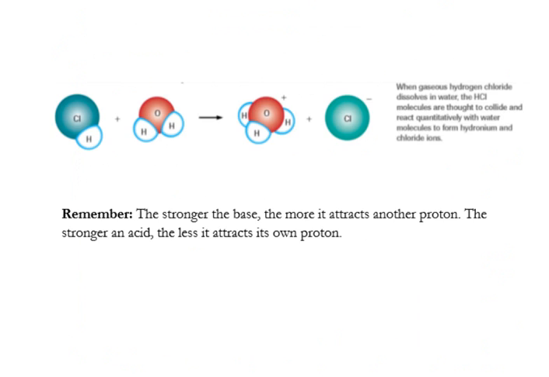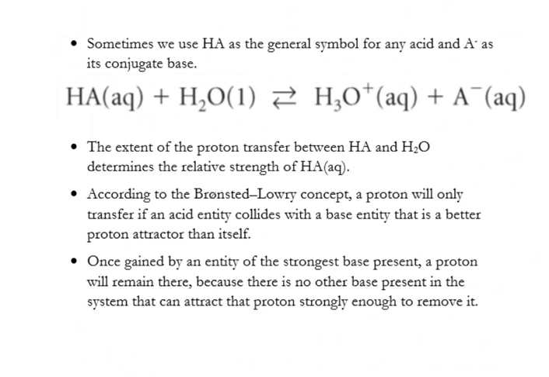Let me go back to some of the slides I skipped here then. I was right about here. Here's a notation I need you guys to be familiar with. Rather than knowing specifically what acid we're talking about, sometimes we'll write it like this, HA, which just means that we've got some acid that has a proton. It could be HCl. It could be HNO3. It could be HCOOH.